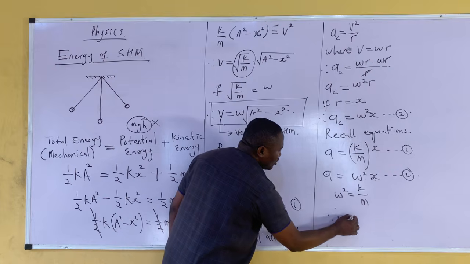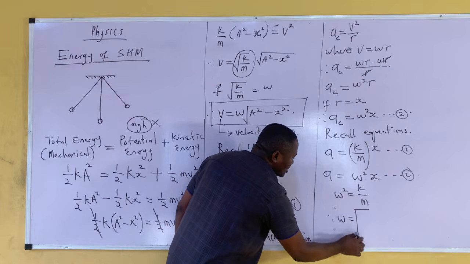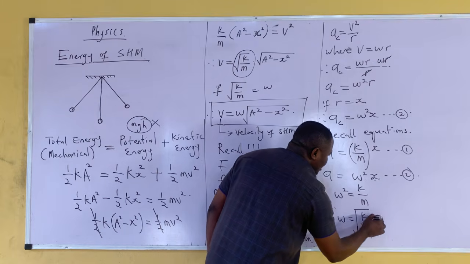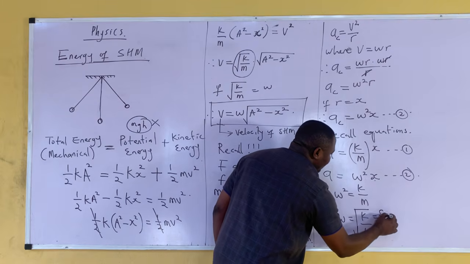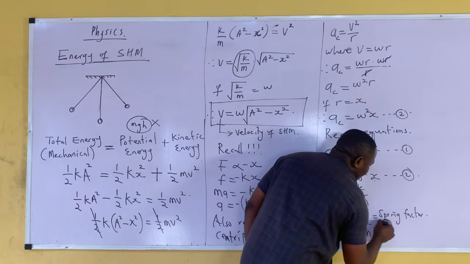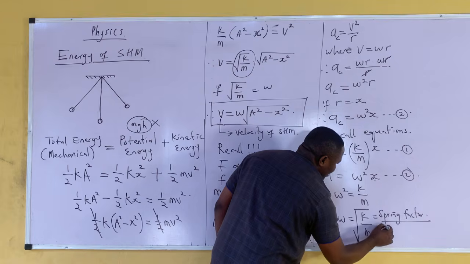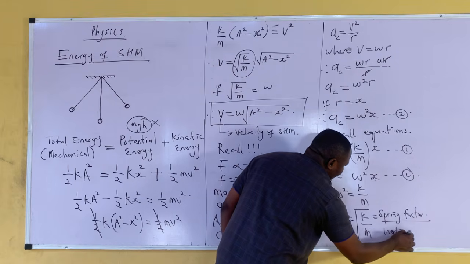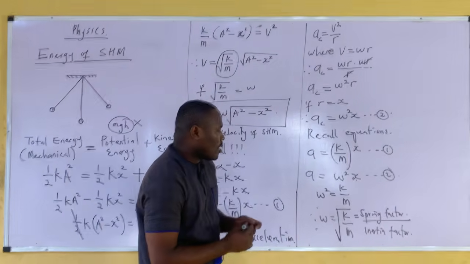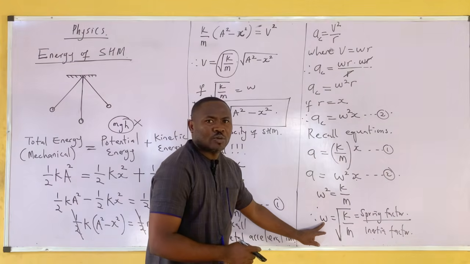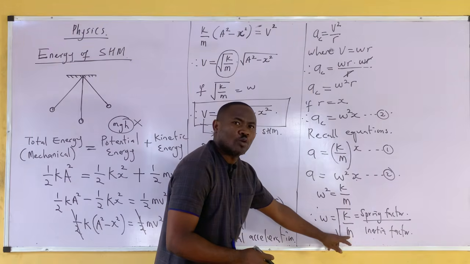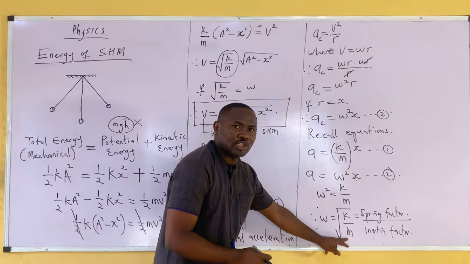Therefore, w, the angular frequency, is equal to square root of k over m. This k is called the spring factor, while the m is called the mass or inertia factor. So you see how I got that angular frequency is equal to the square root of spring constant over mass or inertia factor.